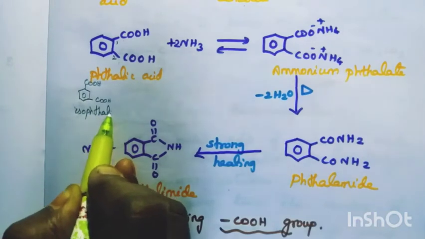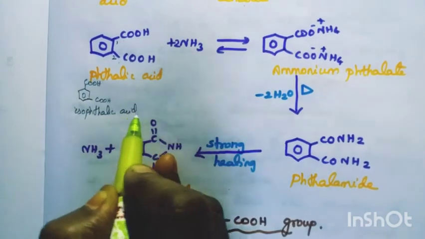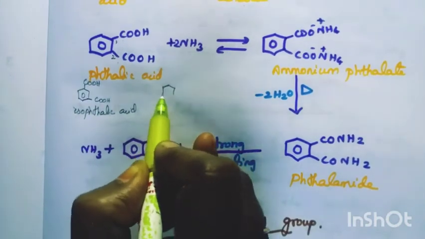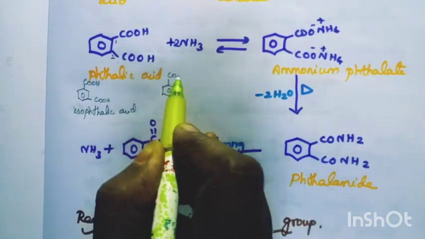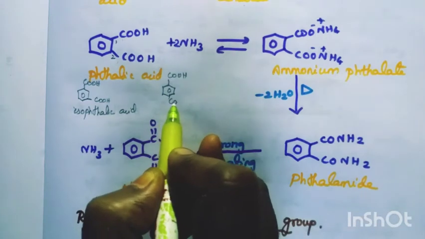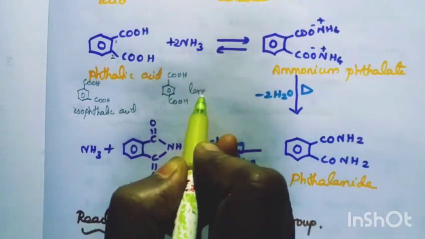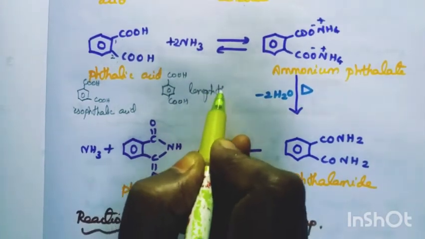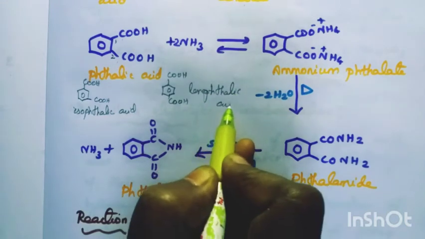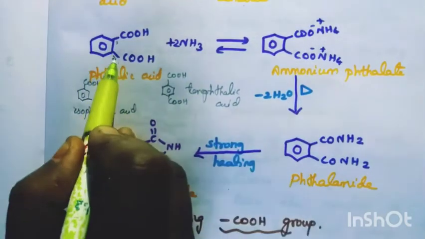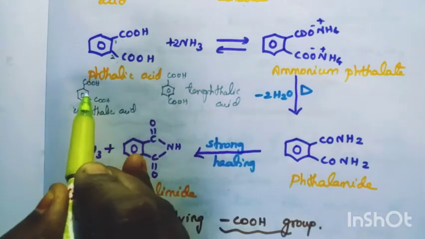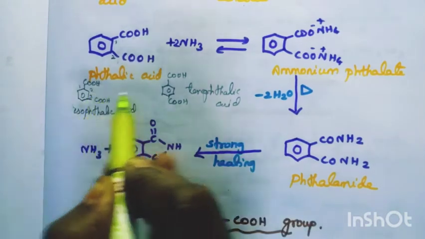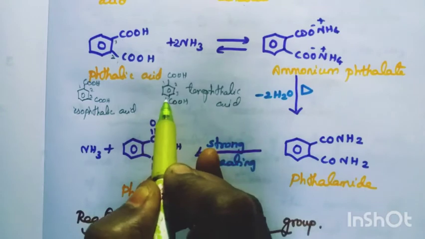If they are in the 1-4 position, it is called terephthalic acid. So phthalic acid means 1-2 position, isophthalic means 1-3 position, and 1-4 position means terephthalic acid.